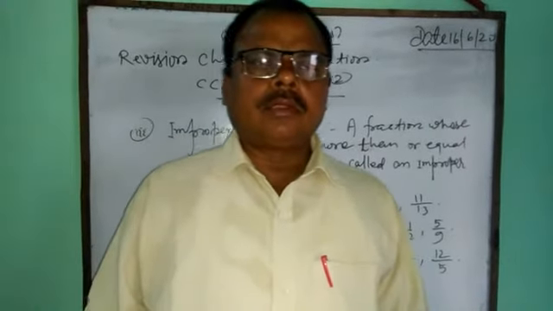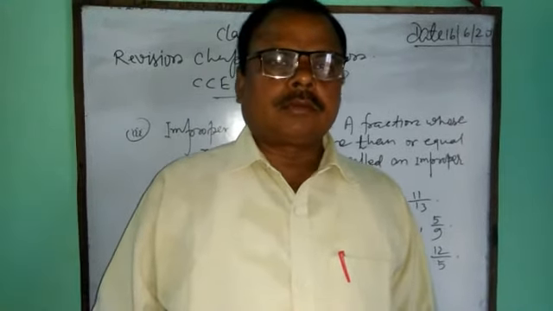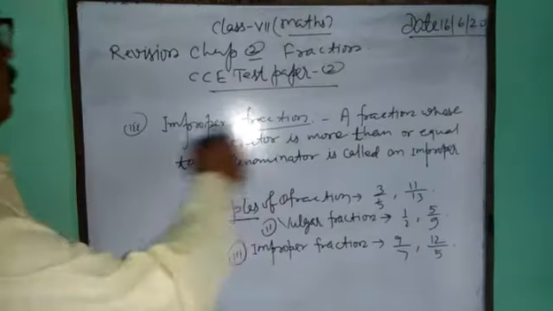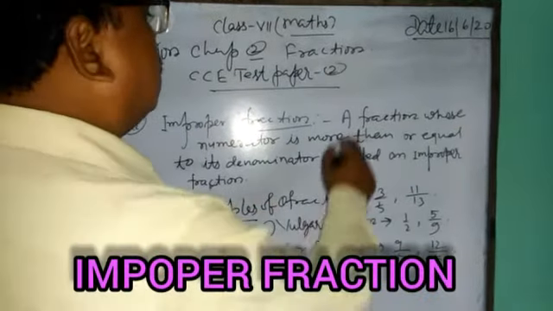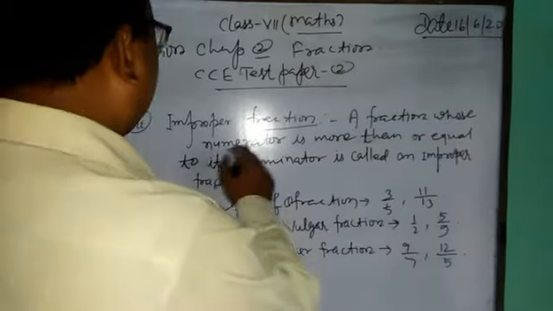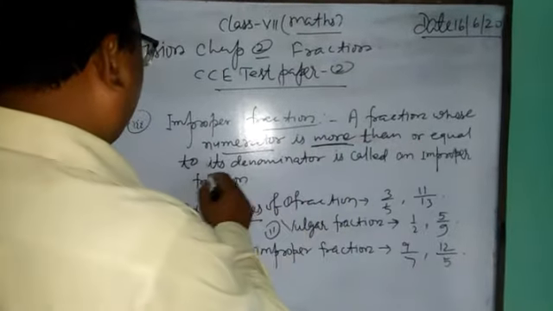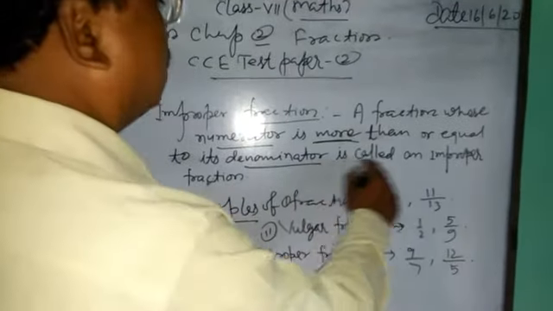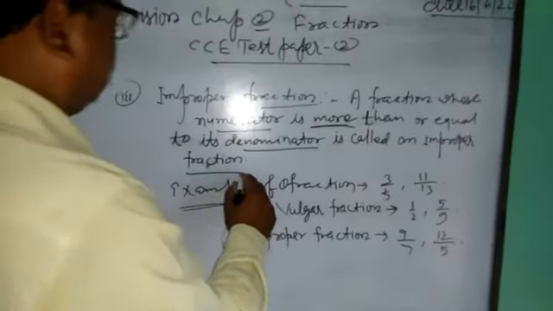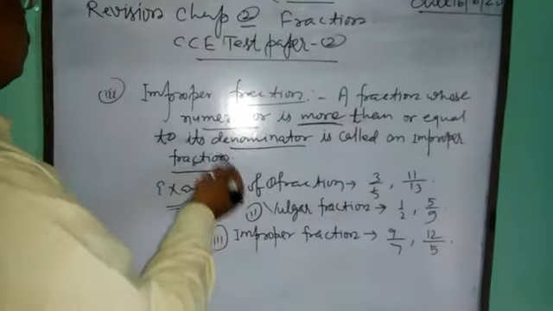Students, in question number 1, the third definition is improper fraction: a fraction whose numerator is more than or equal to its denominator is called an improper fraction. One time more, students.